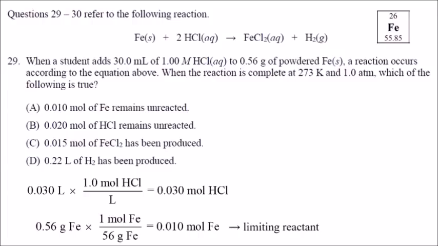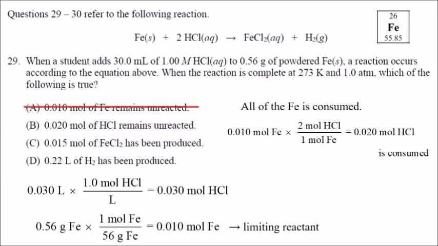Since the iron is the limiting reactant, all of the iron is consumed, so the correct answer cannot be A. There will be no iron left over at the end. With respect to the hydrochloric acid that does react, 0.01 moles of iron reacts with 0.02 moles of HCl. That leaves 0.01 moles of HCl left over at the end, so the correct answer could not be B.